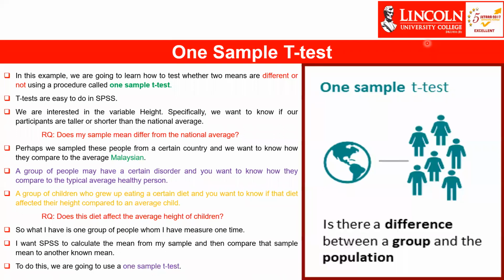In this case, your research question could be, does this diet affect the average height of children? So what I have is one group of people whom I have measured one time. So I want SPSS to calculate the mean from my sample and then compare that sample mean to another known mean. To do this, we are going to use a one sample t-test.